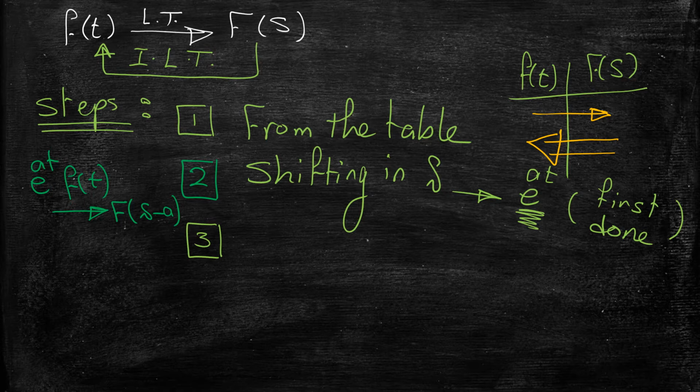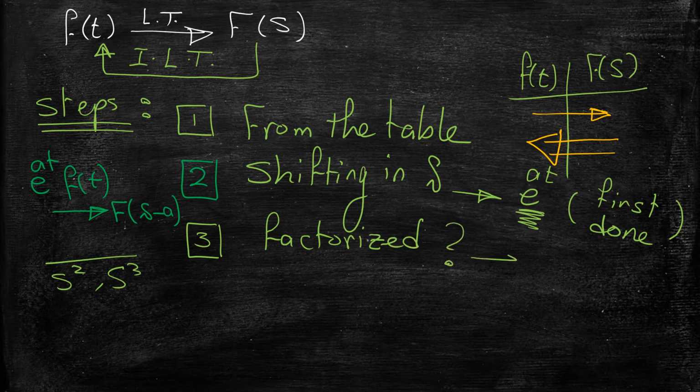Otherwise, if we have some denominator with a square, a cube, or any polynomial of degree greater than 1, we have two options. We will see if the denominator can be factorized. If yes, it means we can use partial fractions. We'll go through this shortly.